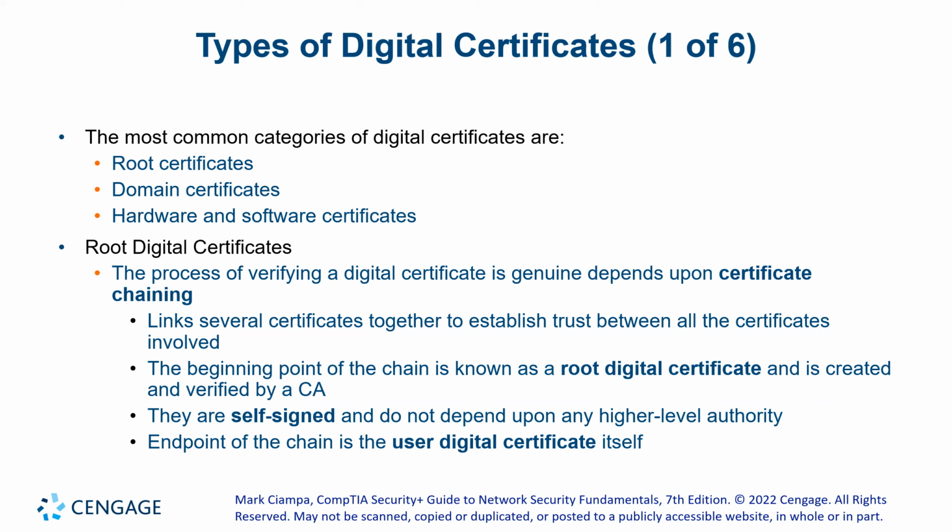The beginning point of the chain is known as a root digital certificate and is created and verified by a CA, or certificate authority. They're self-signed and do not depend upon a higher level authority, which is why they're called root. The endpoint of the chain is the user digital certificate itself.